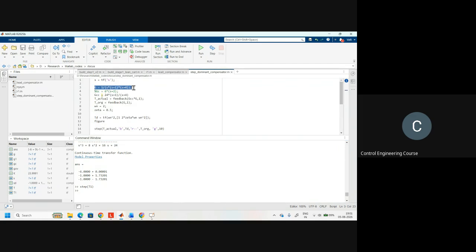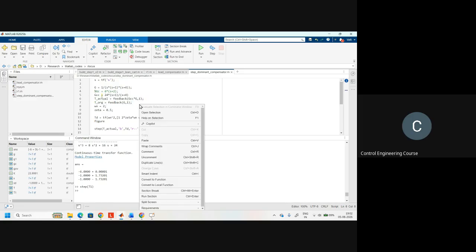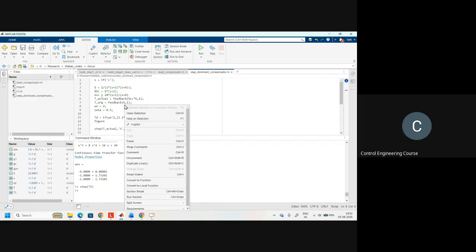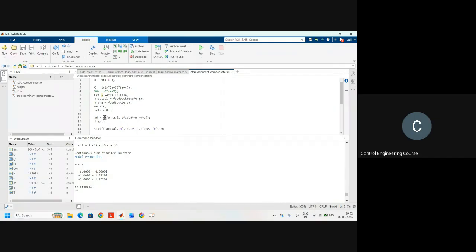Then we will plot the step response using this open loop system, then the step response using the compensator, and the required one, which is the desired system, omega n square by s square plus 2 zeta omega n s plus omega n square. So that is the actual desired step response. Now we will plot all three and see how the plot looks.